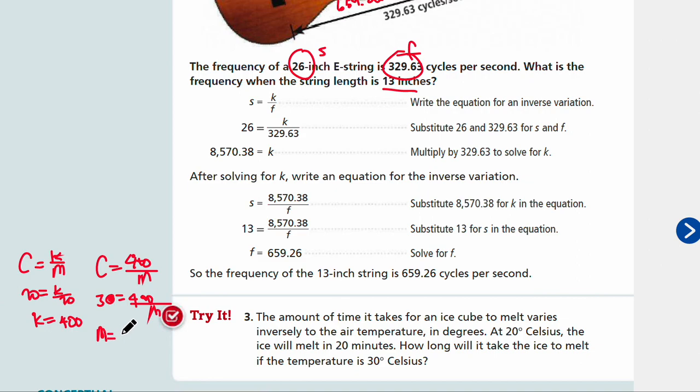M is equal to 400 divided by 30. And that is about 13.33333 minutes. So we can say about 13.3 minutes.